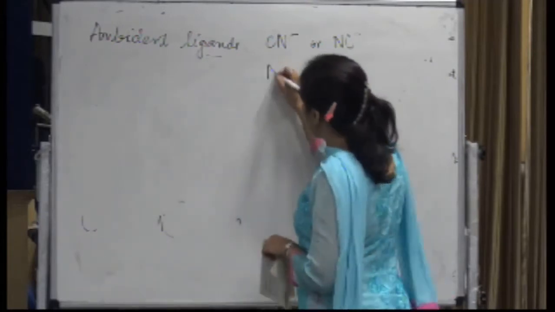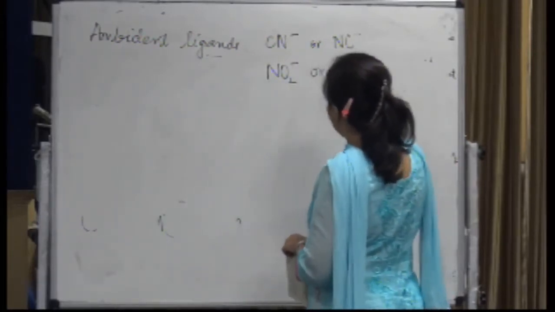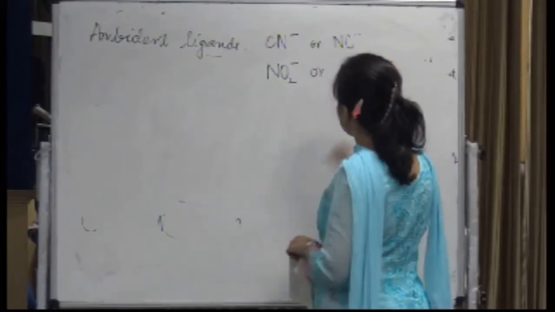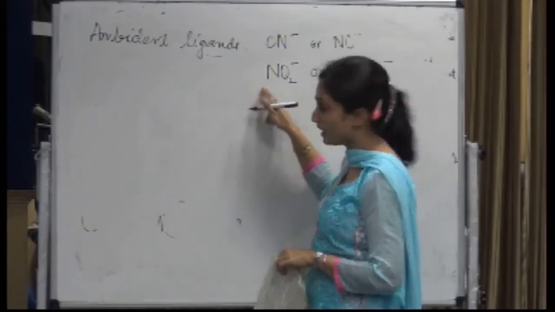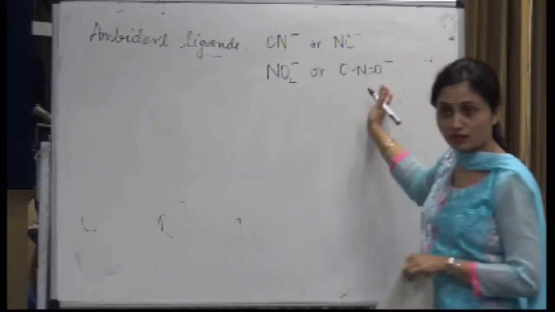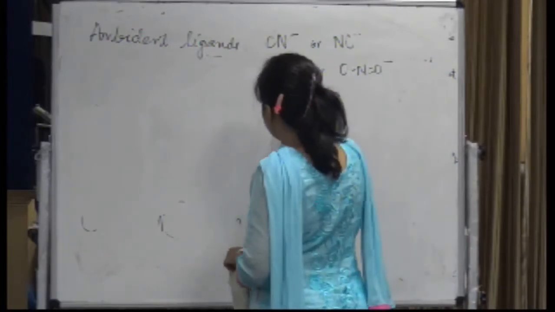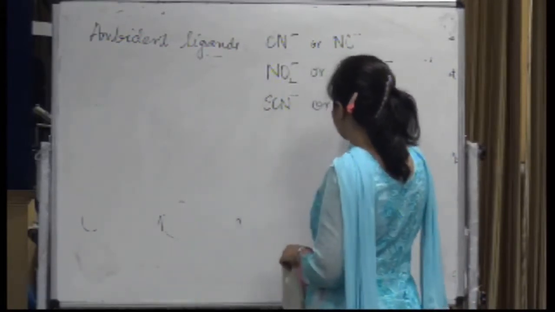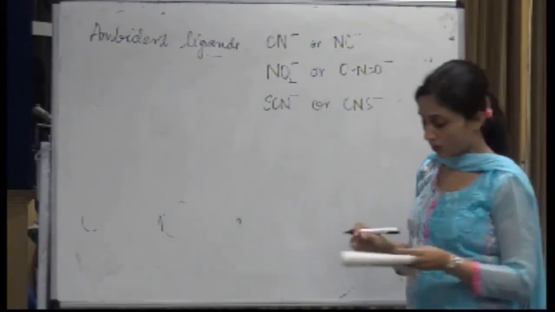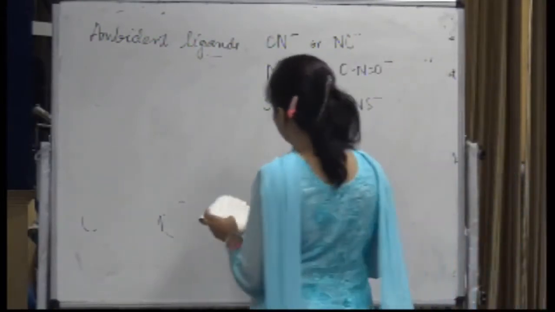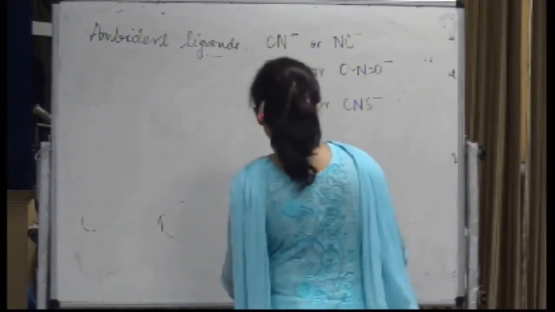You can have NO2 minus or ONO minus. In NO2 minus it gets attached from the nitrogen side, in ONO minus it gets attached from the oxygen side. You can have SCN minus or CNS minus. Alright, then you can have more also. NO2, CN minus, NC minus.